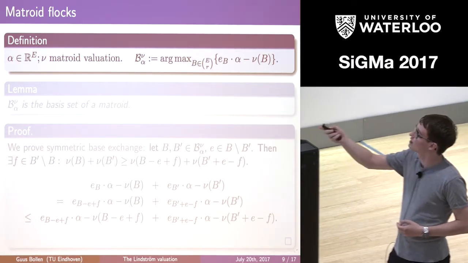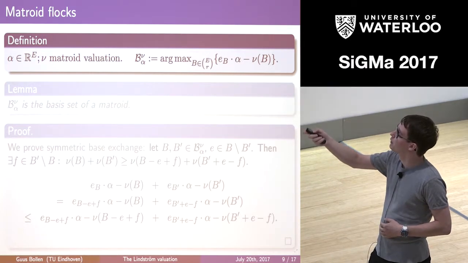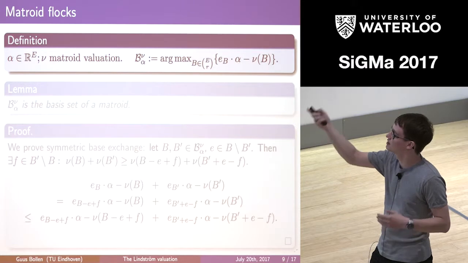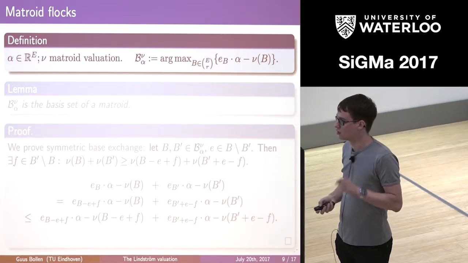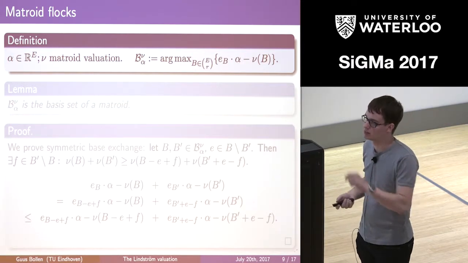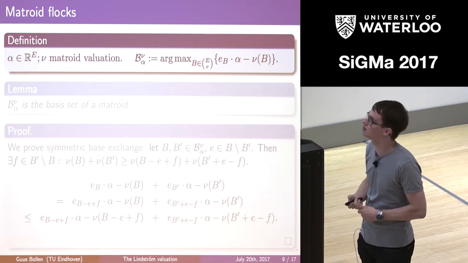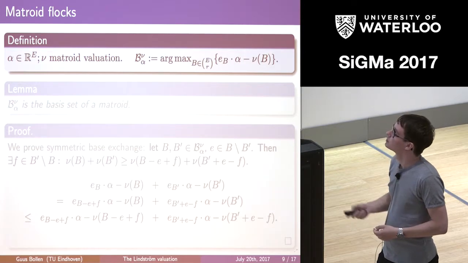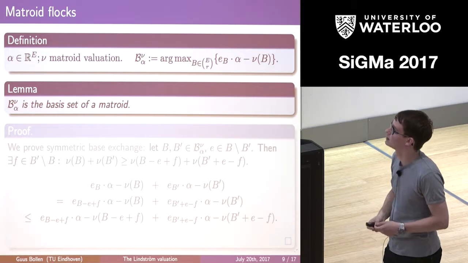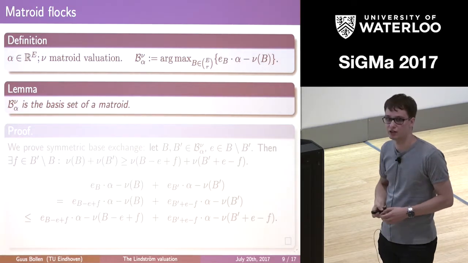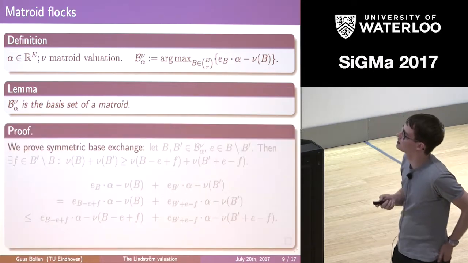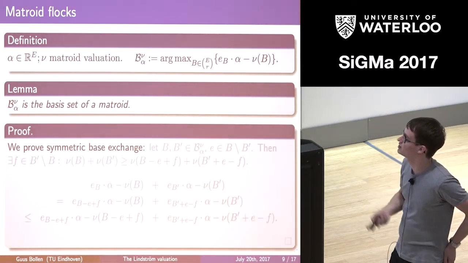And that is, you take the maximizers of this function, and e_B just means the vector with a 1 on the entries that are in B and a 0 everywhere else. So the maximizers of this function give the basis set of a matroid. And again, it's not hard to see with symmetric base exchange.